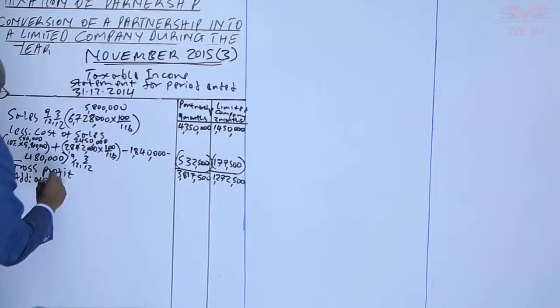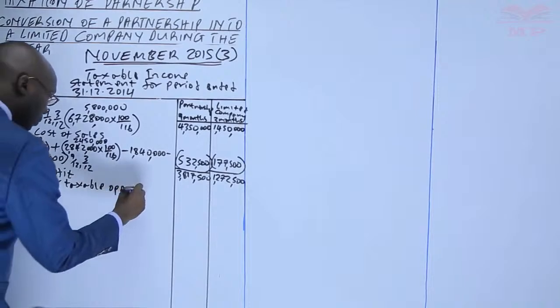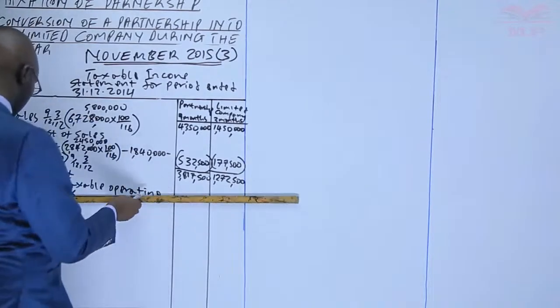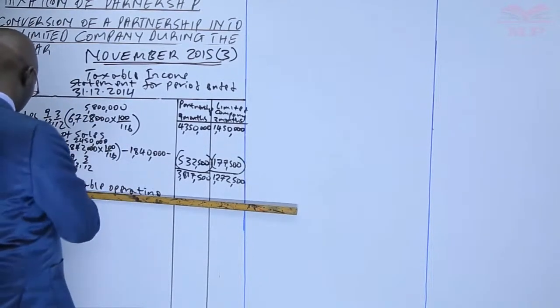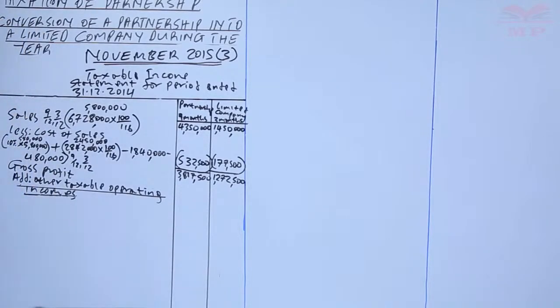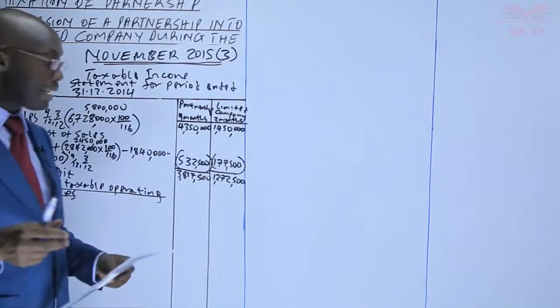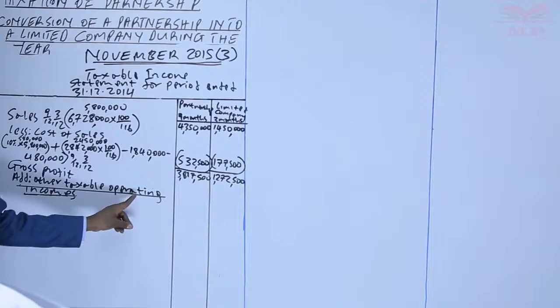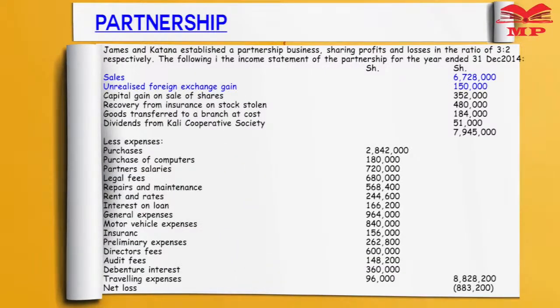other taxable income. So we need to go through the question, determine if they are taxable operating from operation. Now the incomes are in the income statement after the sales, where we have unrealized foreign exchange gain.